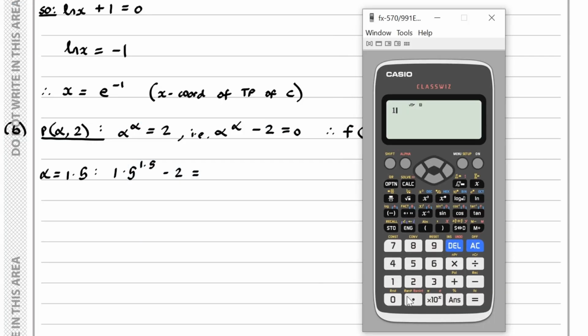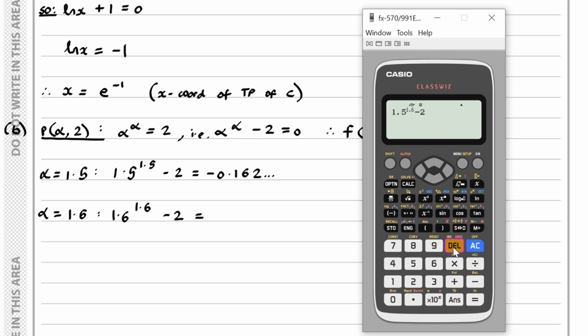That's equal to minus 0.162, etc. And with alpha equaling 1.6, we have 1.6 to the power of 1.6 minus 2.